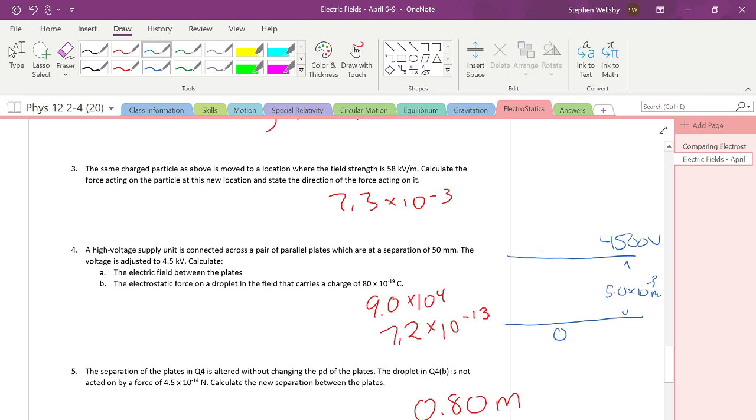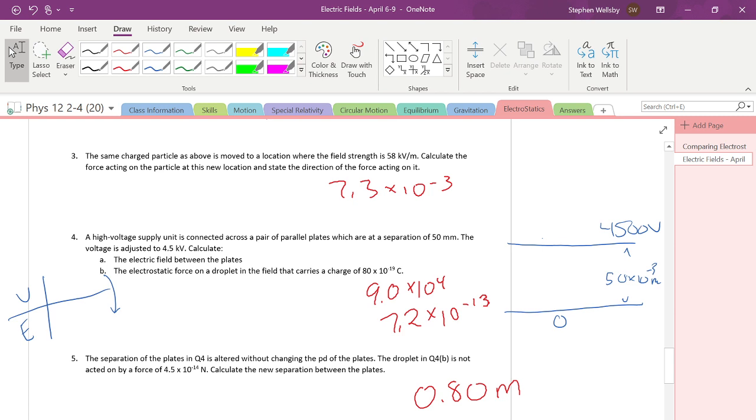Okay, so if we want to know the electric field between the two plates, we know from looking at our square, this is our field, this is our potential. To get from here to here, we would need to divide by the distance. Remember, when we're talking about radial points, these ones are over r, and these ones are over r squared.